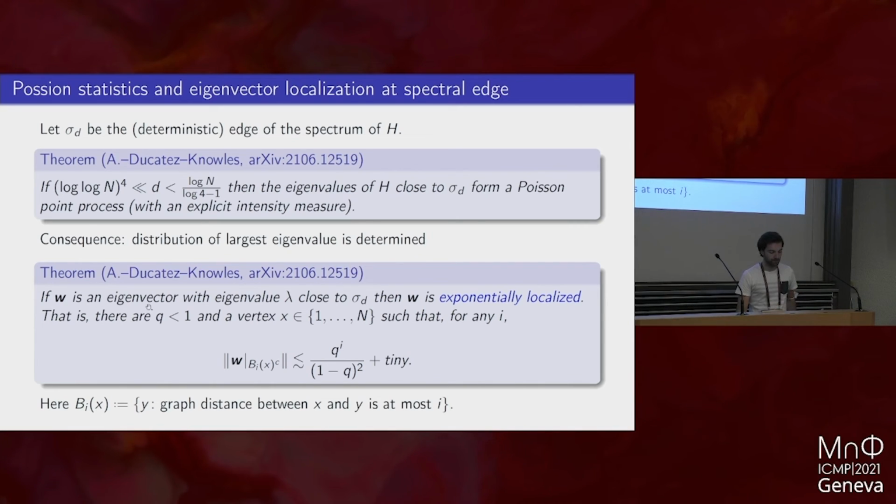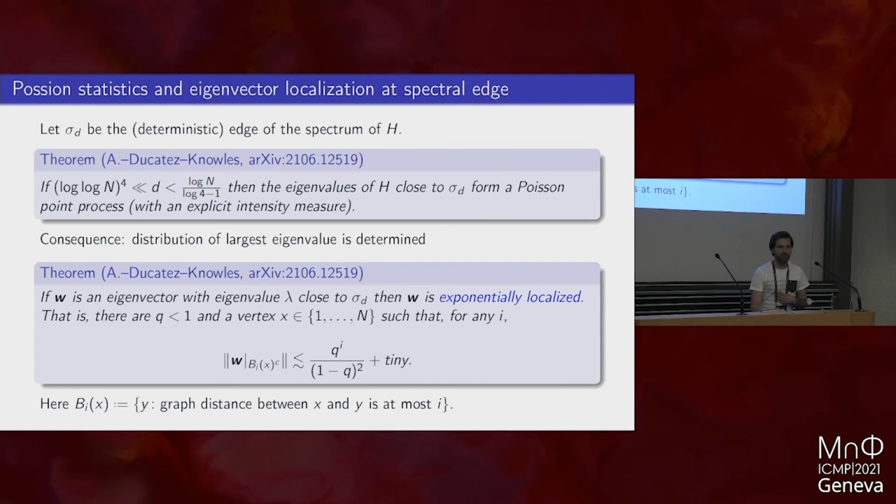If w is an eigenvector corresponding to an eigenvalue which is sufficiently close to the spectral edge sigma d, then it's exponentially localized, where by that we mean that there's a q smaller than 1, which defines the exponential decay, and a vertex x, such that if I restrict the eigenvector to the complement of a large ball in the graph distance around x, then this mass will basically behave like q to the r divided by this other factor here, plus some tiny error term. And yes, I already explained in words, B_r is the ball in the Erdős-Rényi graph distance.